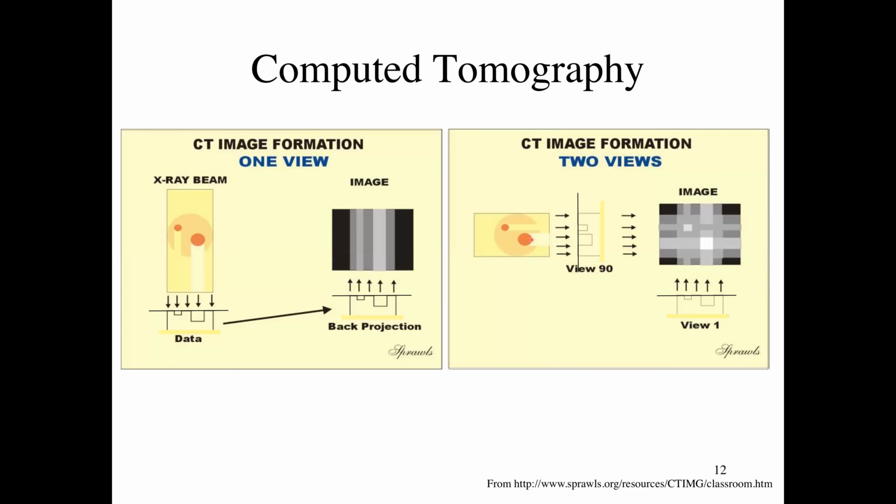You take a view this way, then 90 degrees, take a view that way. If I only have 2 objects, when I project back my estimate of the ability of a substance to absorb X-rays in that whole column, this has high ability to absorb, so it's bright. So does this, a little less bright. And that's my one-dimensional image. If I do that twice, I get this picture, which isn't bad.